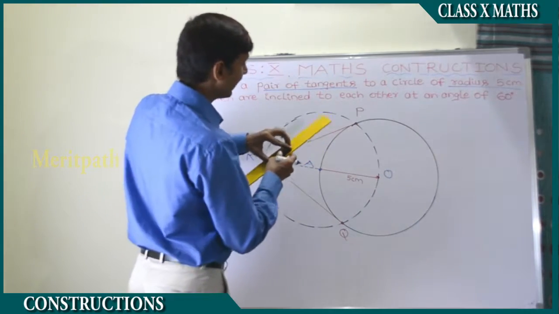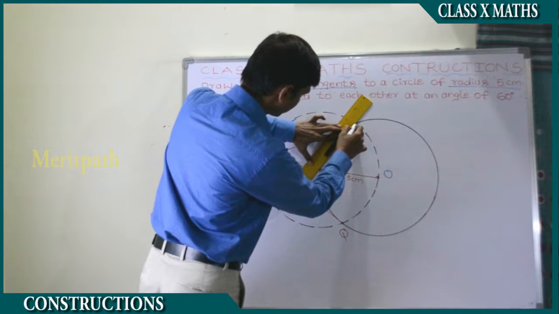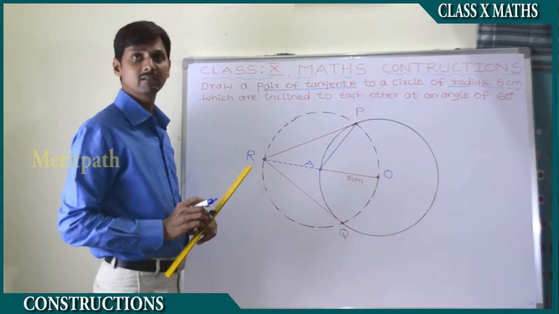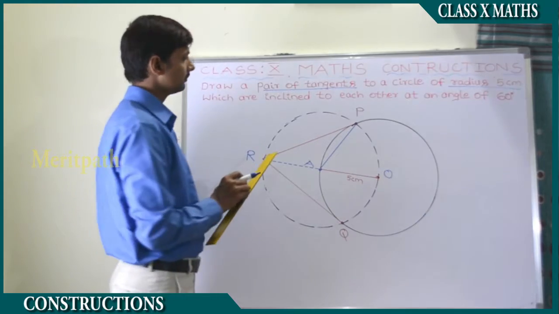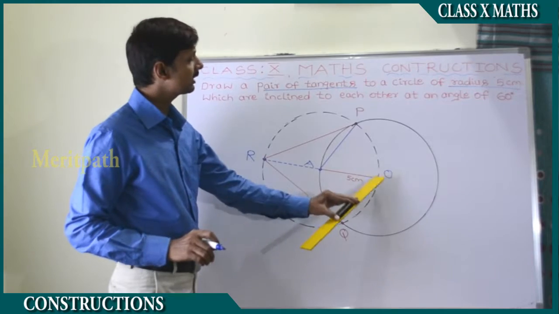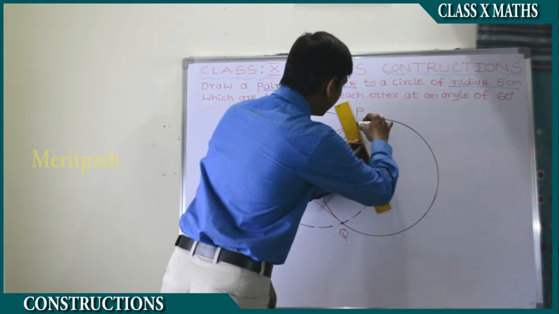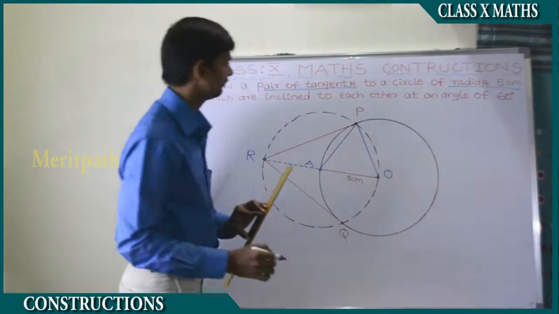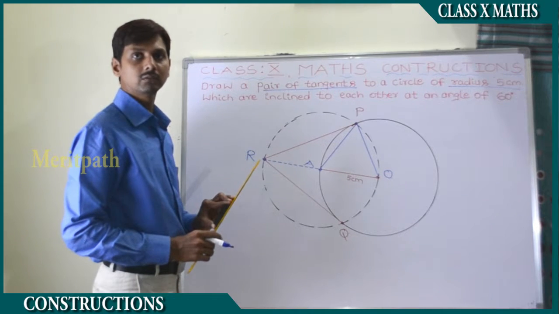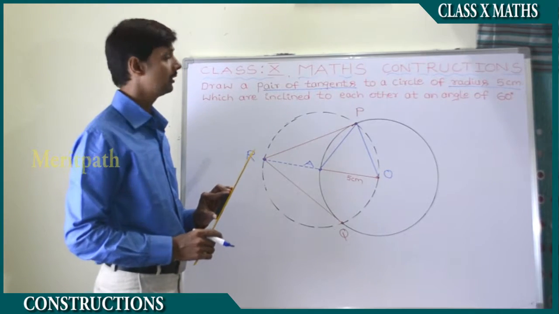Let's join A and P. AP is a radius of the circle, and when we join O and P, that is also a radius, because it is from the center to a point of the circle. So AP and PO are the radii of the circle, so both are equal.